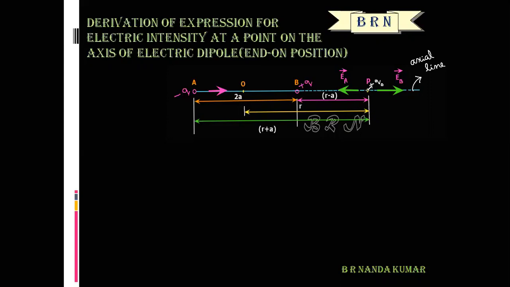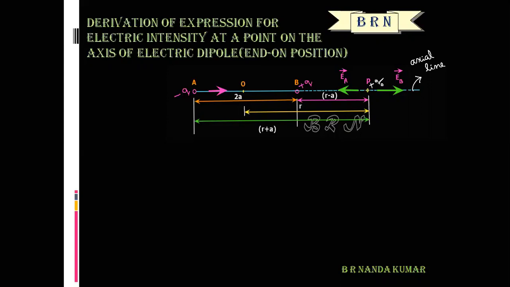So actually at the point P there are two electric intensities. One is produced by the minus q point charge at A, and another one is due to the plus q located at point B. While calculating one electric intensity, we just ignore the presence of the other point charge.